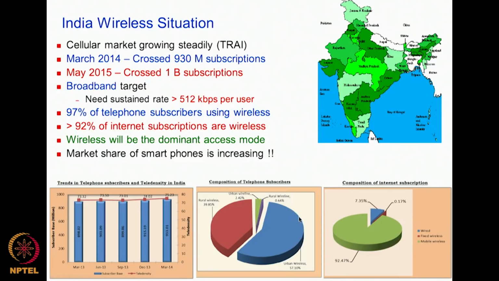What is interesting is that the entire blue segment and the burgundy segment together represent wireless, and the small slice is the wireline, and it is actually decreasing. Our wireline deployments are actually going down while cellular is going up.